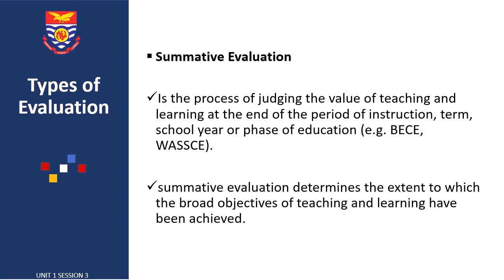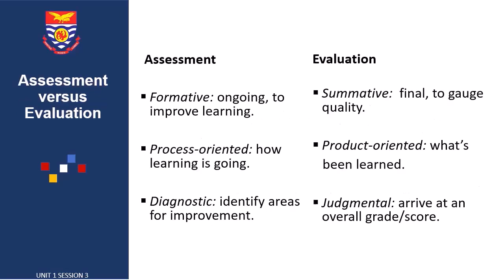Based on some courses, it depends on the courses though. So on the WAEC-conducted examination, student work is judged on a continuum from excellent to fail, with various consequences for students' future learning. So summative evaluation actually determines that broad objective of teaching and learning.